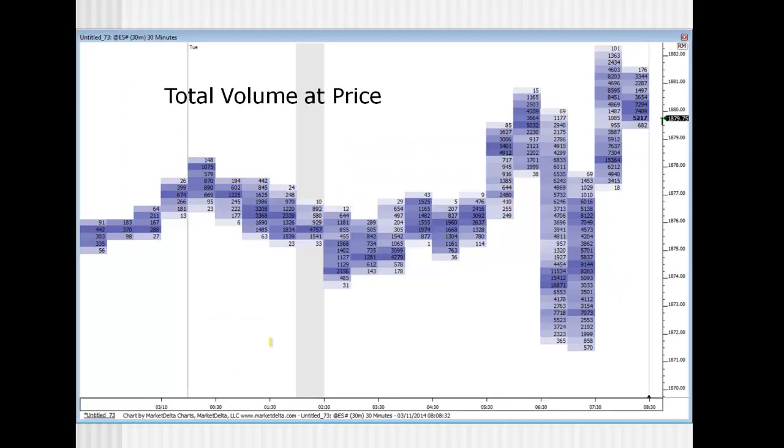Now, we can also display many different types of numbers on this footprint. It all depends on our strategy and what we want to look at. So again, in our first lesson, in introducing the footprint, we're just going to look at some of the basic capability, and we'll also take a look at how we use this capability.